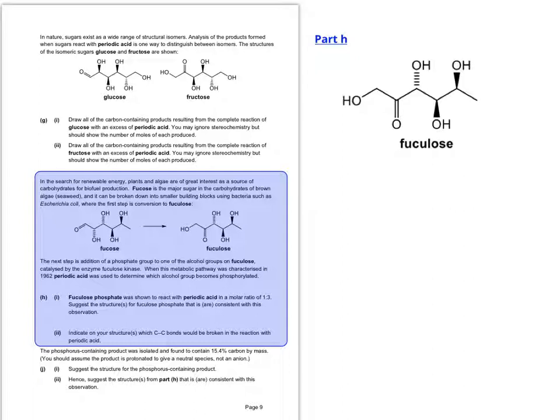When they discovered this metabolic pathway in 1962, they used periodic acid to determine which alcohol group becomes phosphorylated. It says that fuculose phosphate was shown to react with periodic acid in a molar ratio of 1 to 3, and it asks you to suggest any structure or structures that are consistent with this observation.